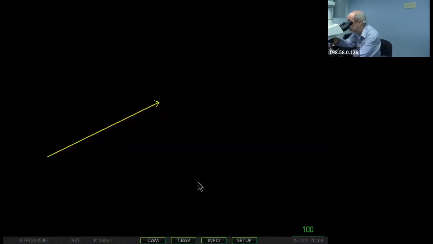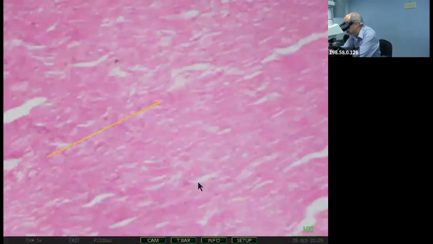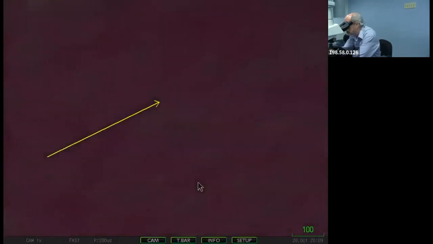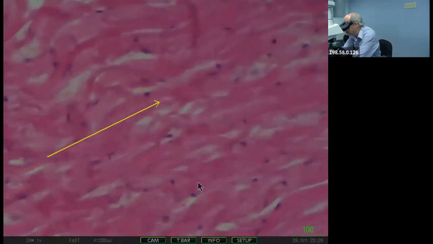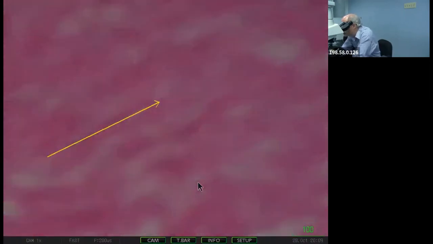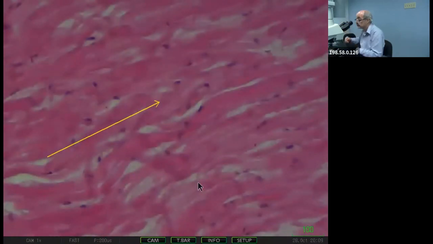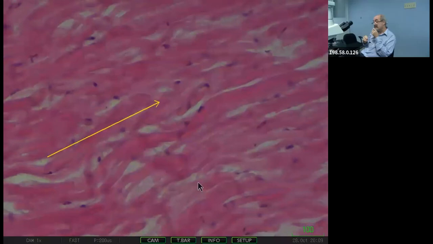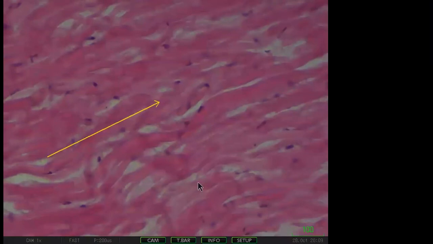What is that? What is the organ? Skeletal muscle. No. It's where you have to be careful. Is it the intestine?